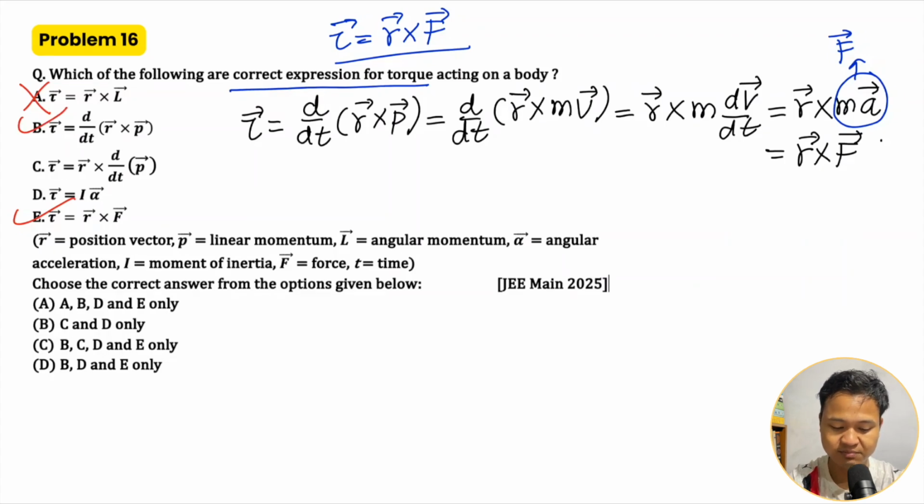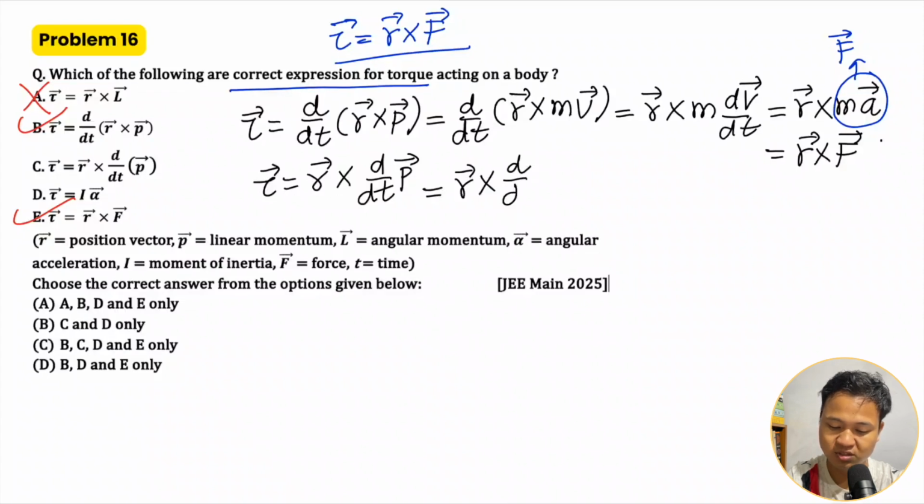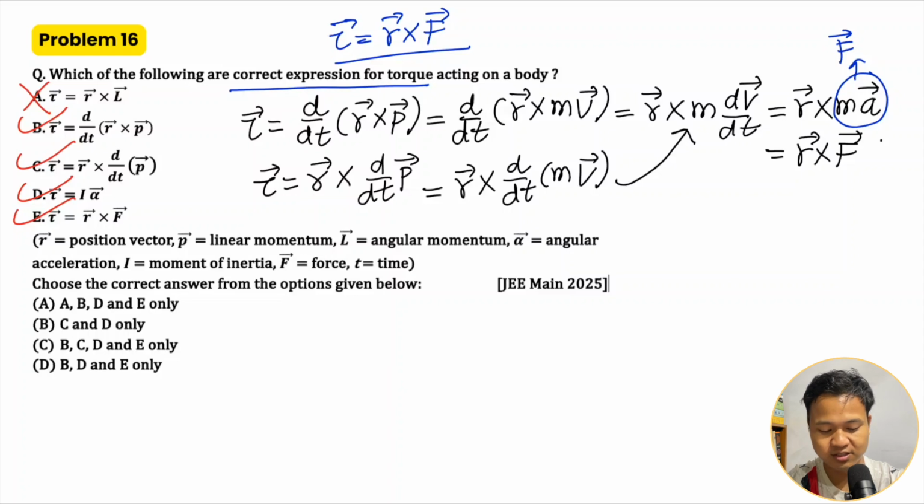Option C says torque equals R cross d by dt into P, where P is mass into velocity, so you get this thing again, which means C is also correct. D says torque equals I into alpha, which is a known result. So therefore B, C, D, E.